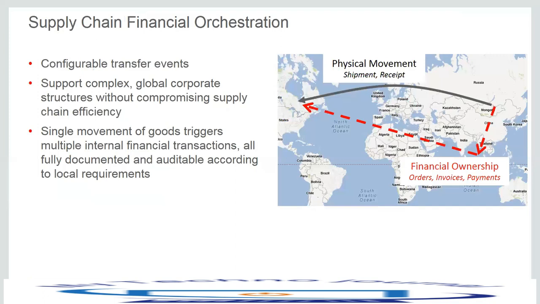And what you could see here is supply chain financial orchestration, that is SFO, as it is popularly called. It is about managing the financial aspects of the physical movements. So it manages all the financial documentation and accounting which is required to support both internal and external drop shipments in a tax efficient supply chain.